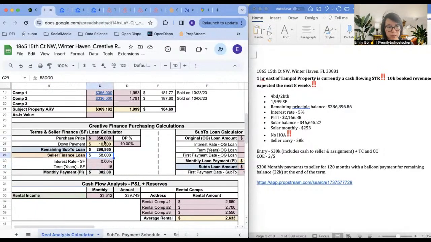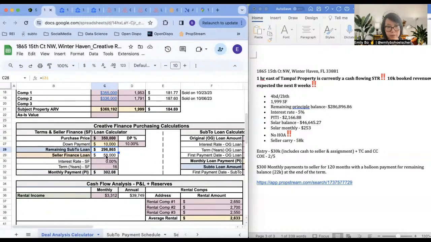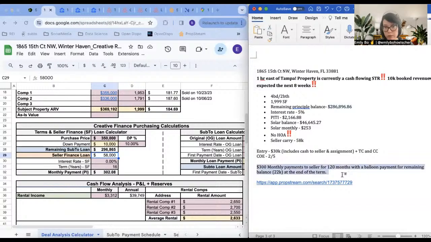Yeah. And so the purchase price is basically broken down into the down payment, the remaining subject-to loan, which is the sub-2 loan here, plus the seller finance loan, $58,000. And I break it into 16 years, so it gives me about a $300 monthly payment to the seller to pay off this $58,000, which is very similar to the wholesaler's terms here.